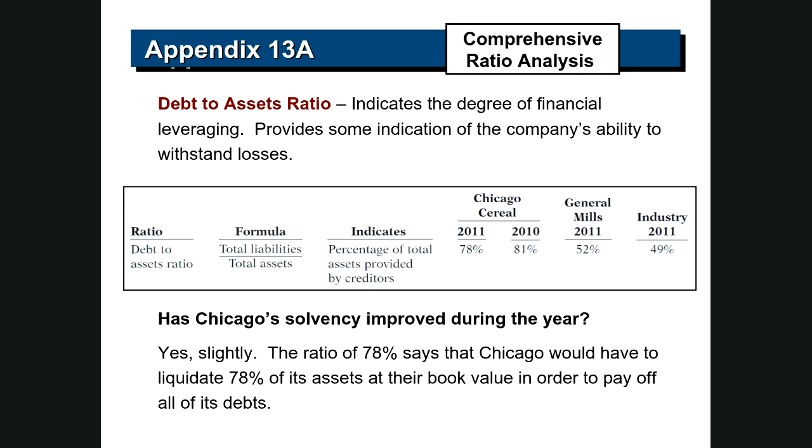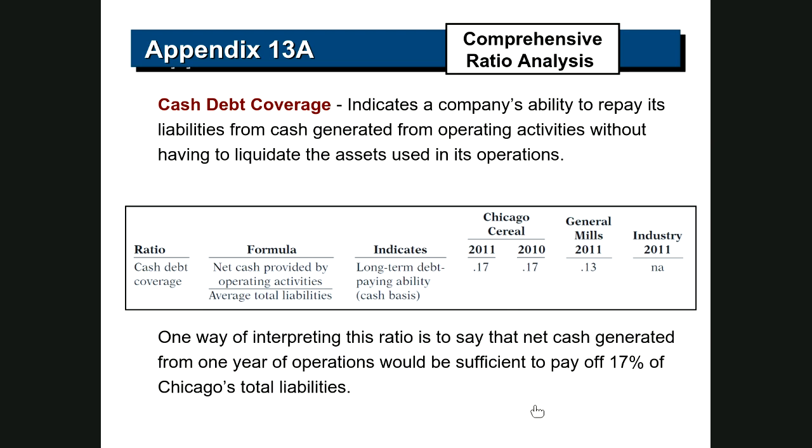Okay. The other solvency ratio is cash debt coverage. So here we have net cash provided by the operating activities divided by average total liabilities. For this, you have to go to the statement of cash flows, and you will find there is a number that says net cash provided by operating activities for 2011. 1,500.